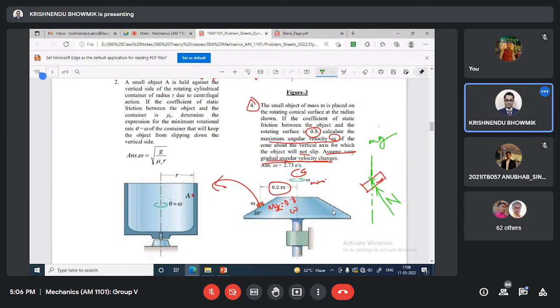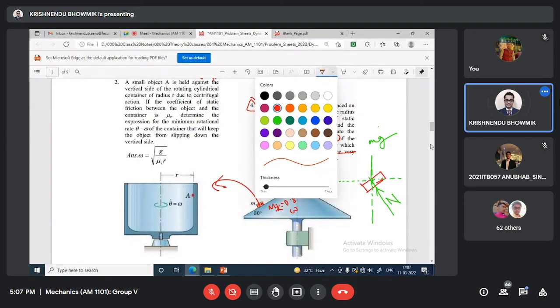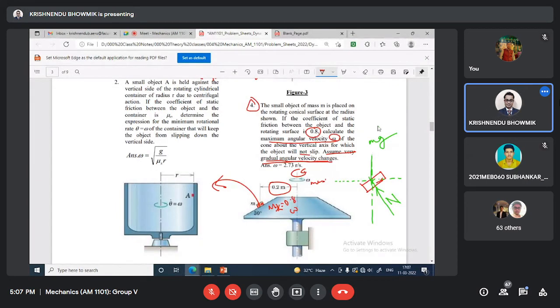Now in normal and tangential directions, let me draw this first. We understood that this is the y direction. Now what will be the normal direction? Horizontal, left side or right side?